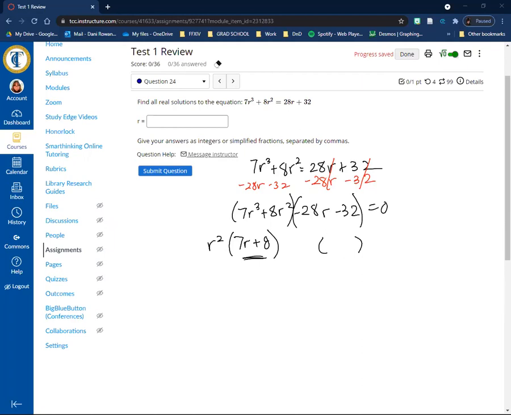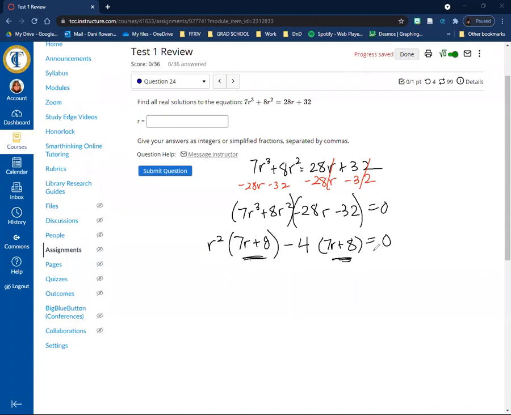Negative 4. Good job. If we pull out a negative 4, that negative 28 becomes a positive what? What's negative 28 divided by negative 4? 7. And negative 32 divided by negative 4? Positive 8. Notice we have exactly what we had in the first one.